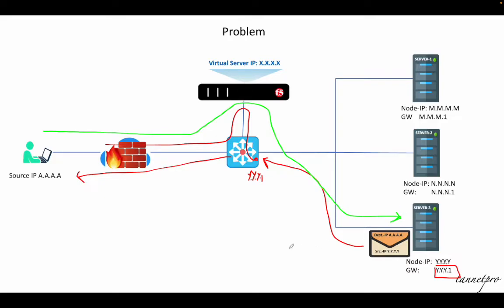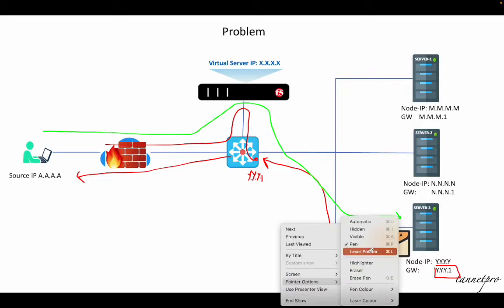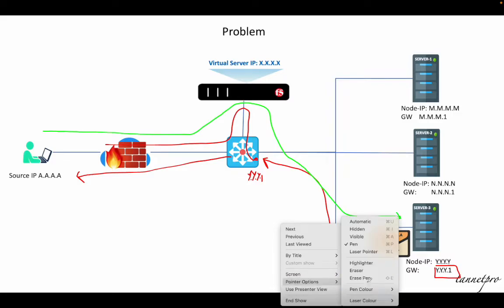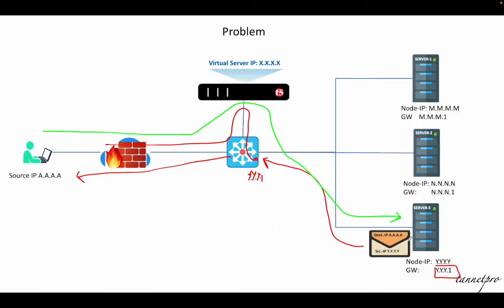Now your traffic is going like this, without going via the F5, right?